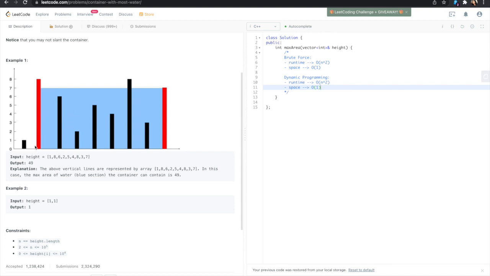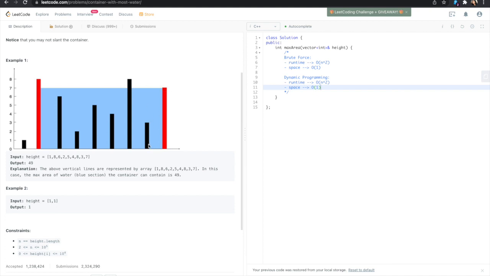But maximizing width is actually easier because you want to start off with the maximum width, right? So we can start here and then we know this is fine, but since this is a smaller height, or even if it's a larger height, right? No, okay, let's take the case where it's a smaller height.